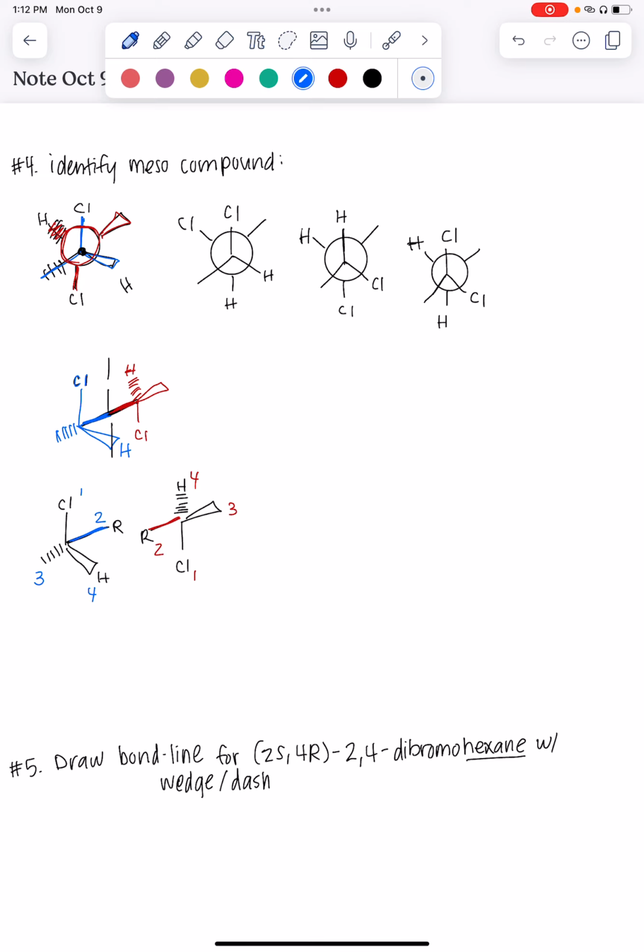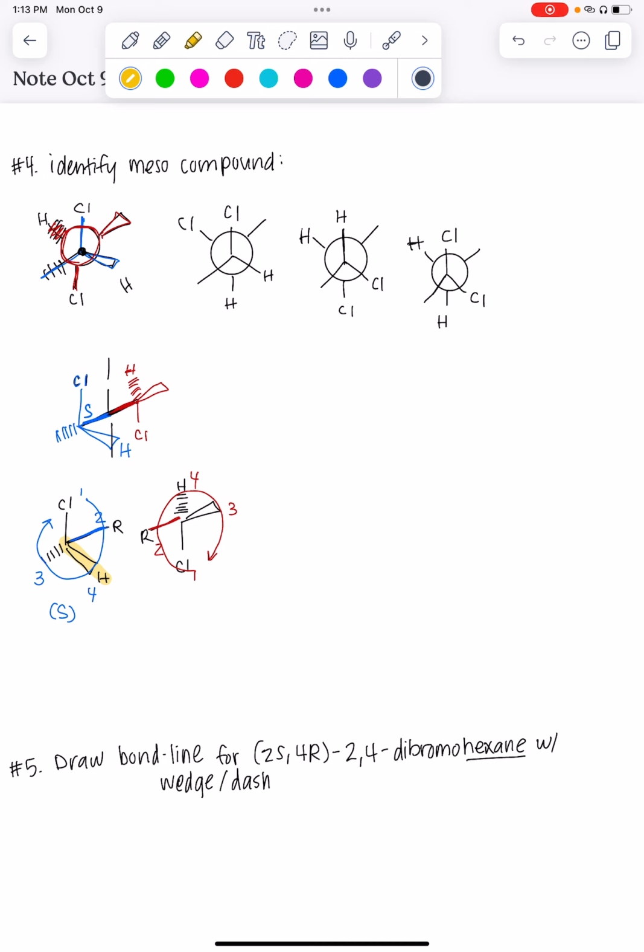And then we can do our rotation. So we've got 1, 2, 3, but we've got hydrogen in the front. So we've got to change our rotation. This looks like R, but it's actually S. So this one's S.